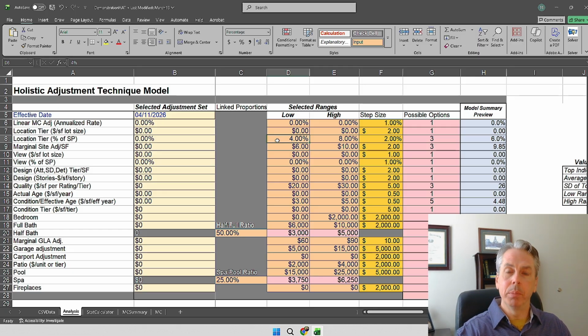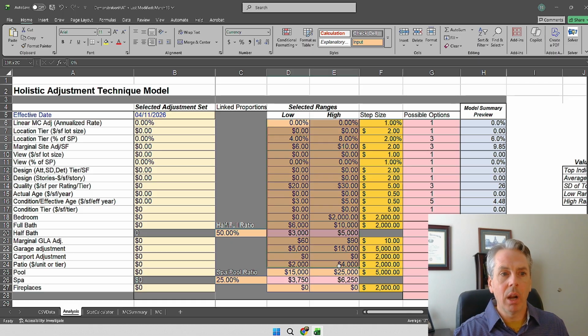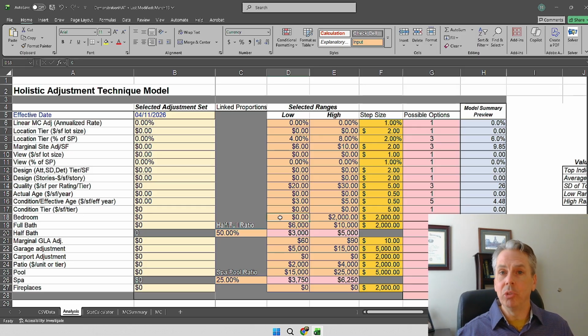I may find that once I begin to feel the tension between the data and my qualitative and Bayesian reasoning, my prior knowledge and experience, my prior research that I've done, what is it telling me? So we can do that all the way down in terms of setting our highs and lows for each item. Now, note for bedrooms, my low is 0.